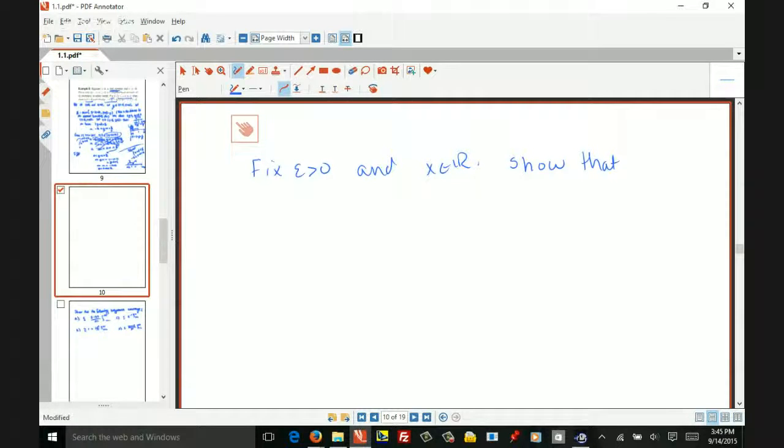Show that for each y in x minus epsilon to x plus epsilon. This is actually a homework problem in the book. If you want to look at that, I'll tell you which one it is. I'm just trying to write it down from memory. Oh, I can write it a little bit easier than this. Let me copy it.